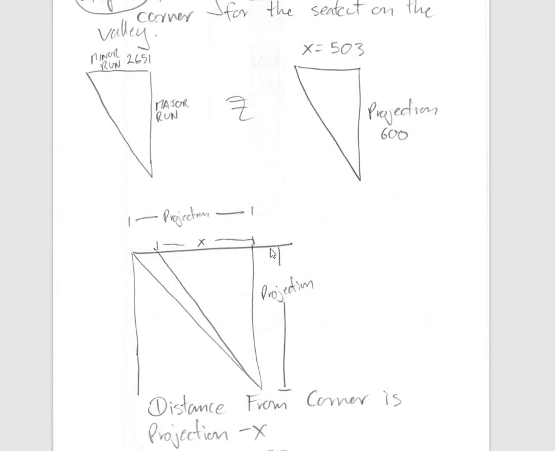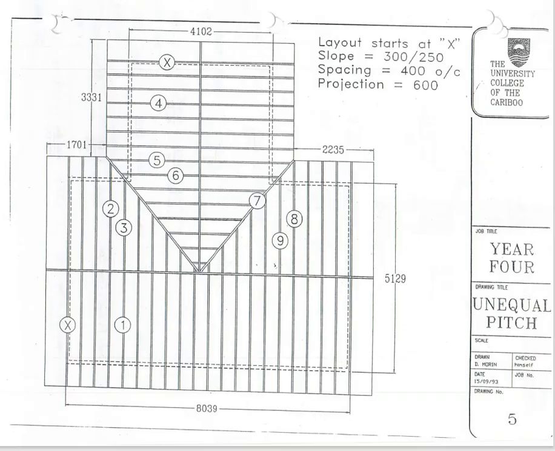This would be the building line. Okay, we're going to use the triangle of the run and the run. So here we have the minor run and the major run.